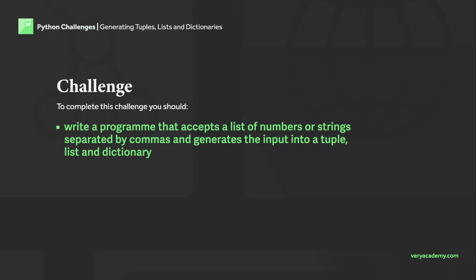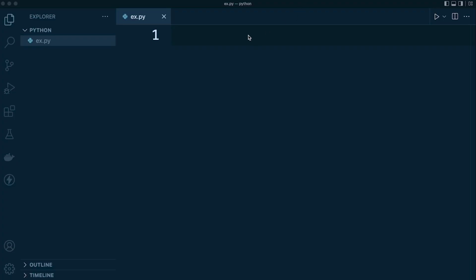This is where it gets tricky, where you need more information. What is the format of the dictionary that needs to be generated? Let me quickly explain what we're looking for. Let's assume that the user types in 1, 2, 3 into an input. We need to generate a list, a tuple, and a dictionary. A dictionary has a key and a value.